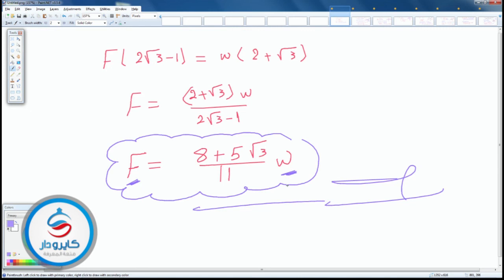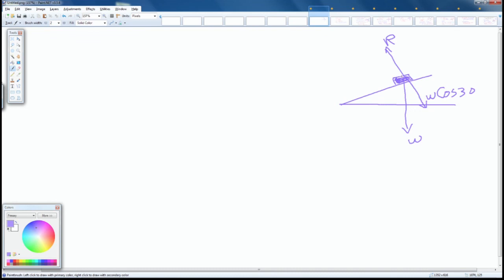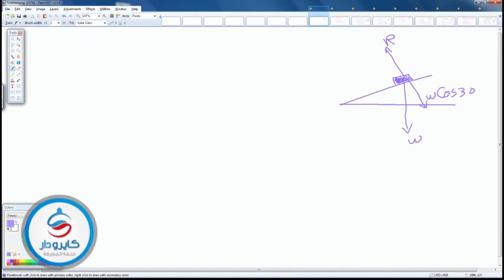What about the second case? The second case tells us that the body will be like that on the same plane. This is the weight, the normal reaction, W cosine 30, and we have a force inclined by angle 30 again.